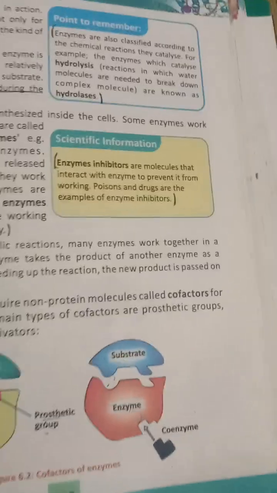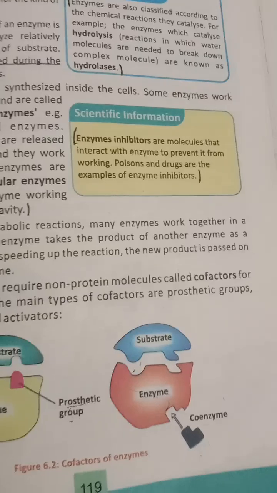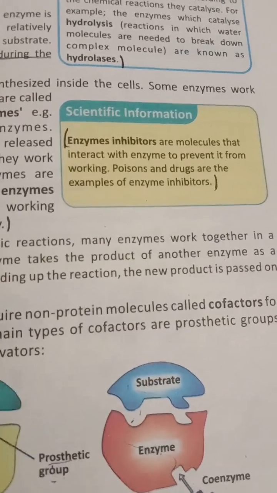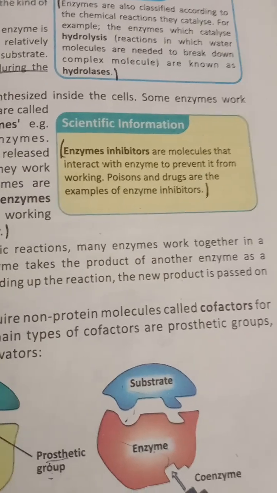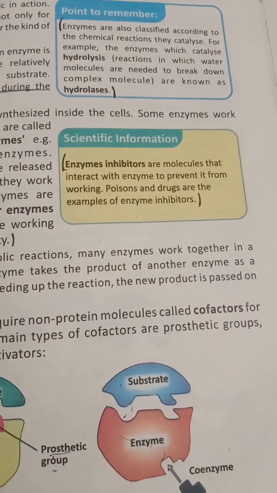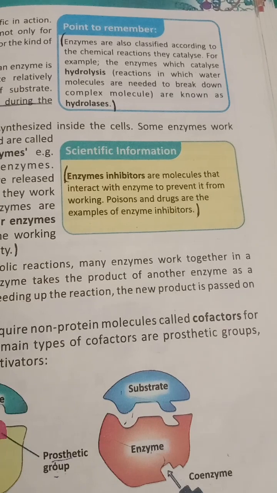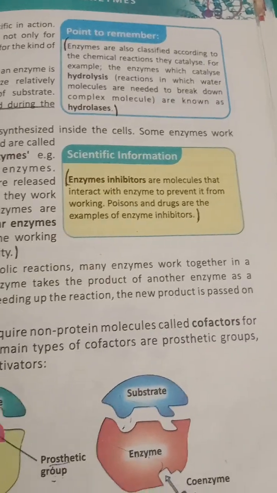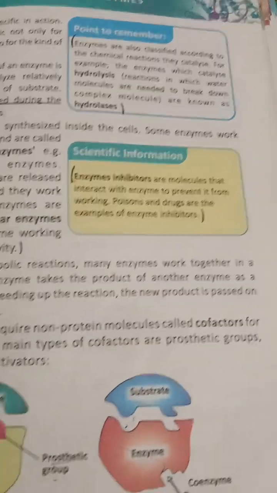As I say, it is the opposite of activators. Inhibitors prevent enzymes from working, like poisons and drugs. So these are examples of enzyme inhibitors which stop enzymes from working.